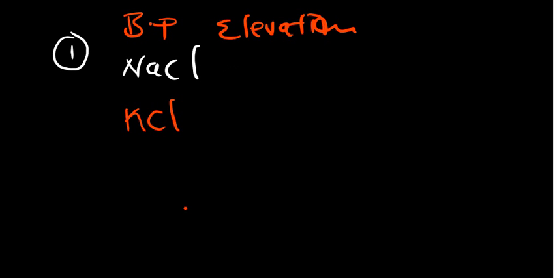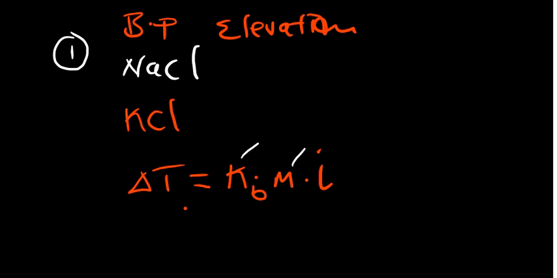The boiling point elevation is given as the change in temperature equal to Kb multiplied by m multiplied by i, where Kb represents the boiling point elevation constant, m is molality, and i is Van't Hoff's factor.